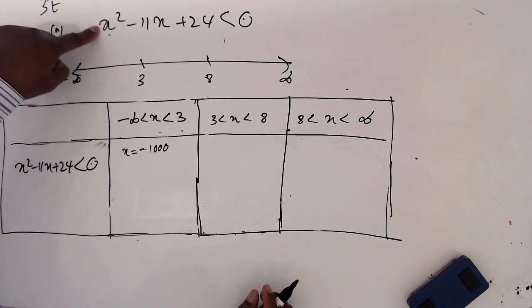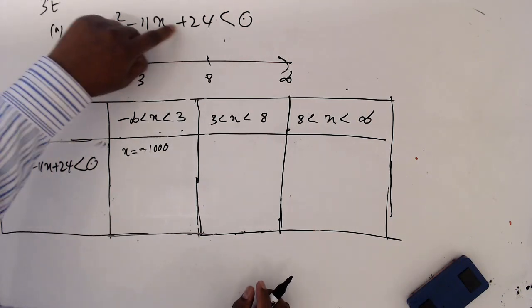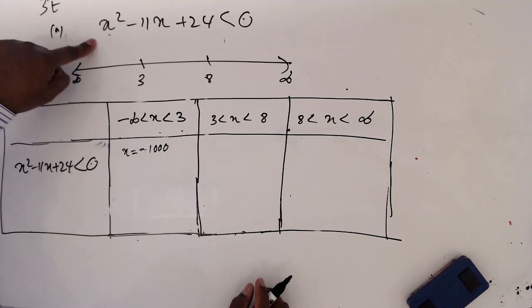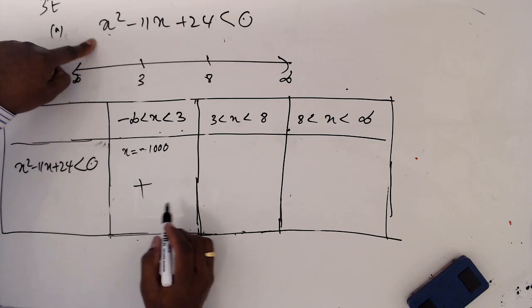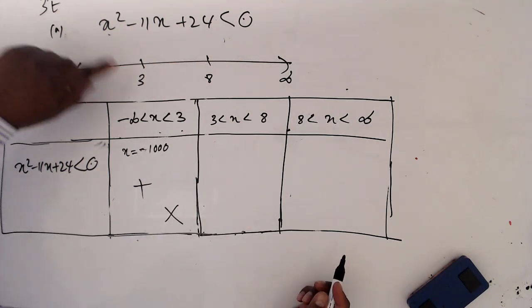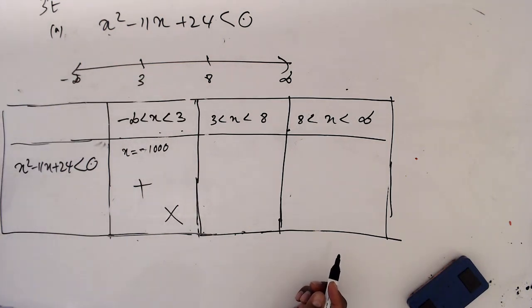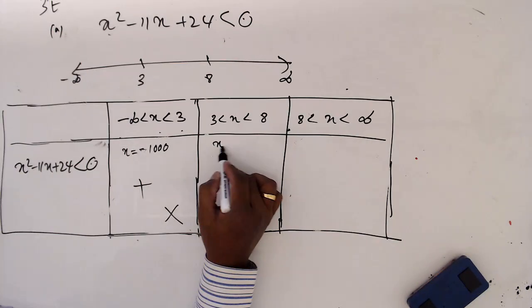When I substitute here, 10,000 square becomes a very big value. Then I don't need to look at this one. This one is going to be positive. Then it doesn't match, because I need a negative value. So this interval doesn't match. Then I'll pick up any value from 3 to 8, x equal 4.